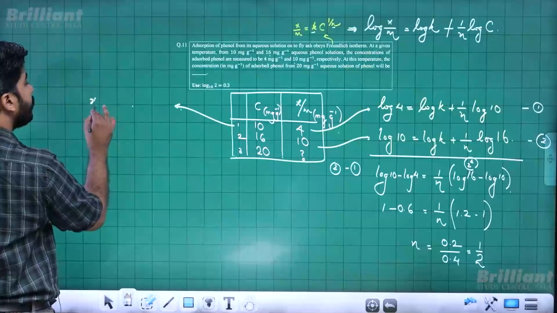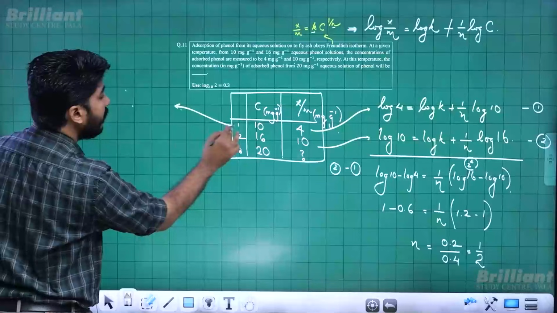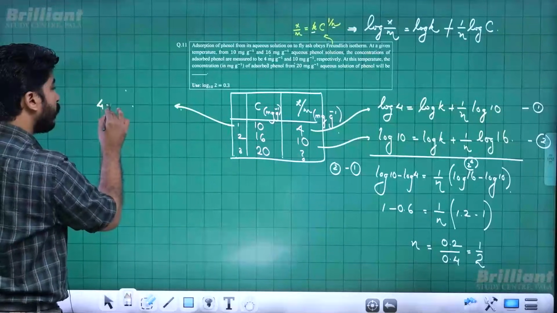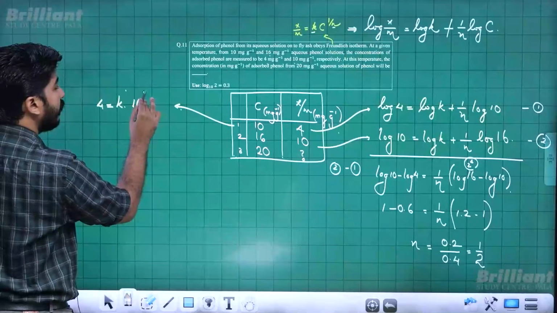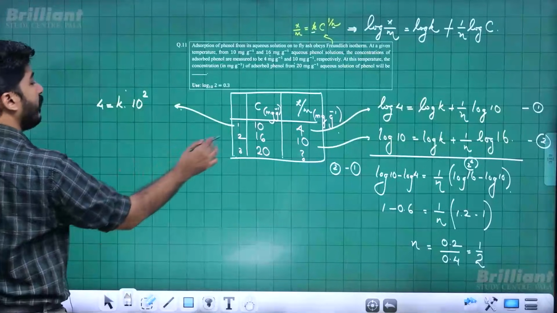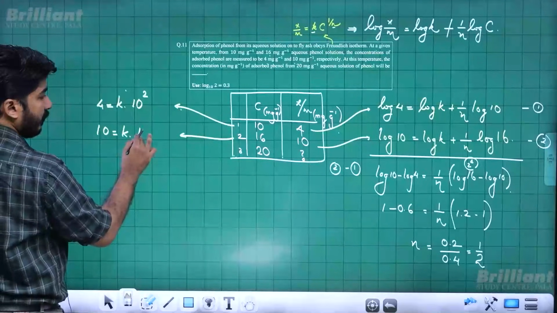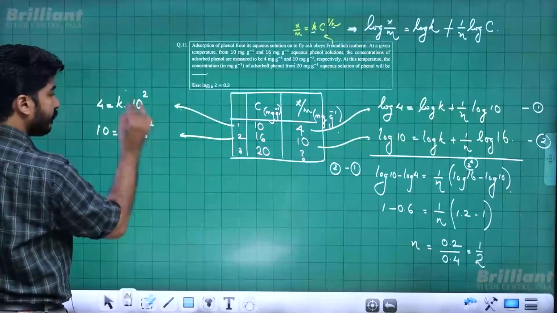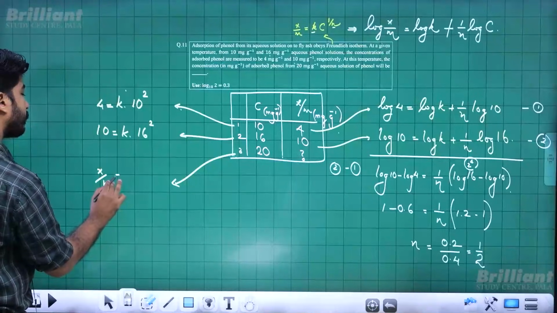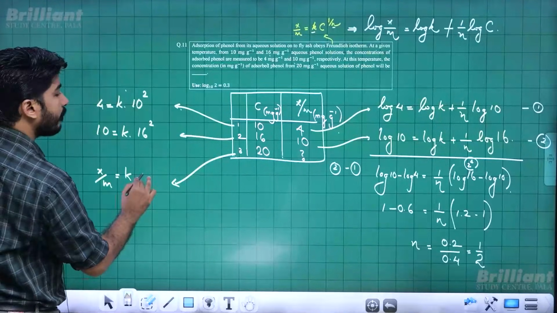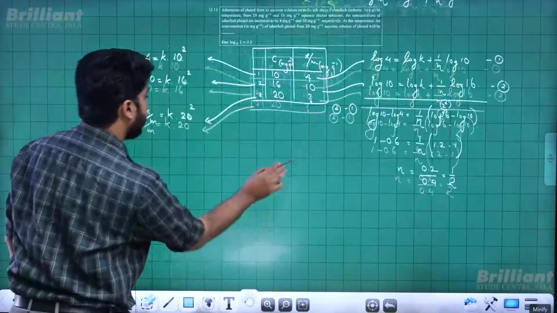So x by m is equal to K c raised to 1 by n. Here x by m is 4, so 4 is equal to K into 10 raised to 2, since 1 by n is 2. In the second row, 10 is equal to K into 16 raised to 2. And in the third row, x by m is equal to the same K into 20 raised to 2. These are the equations obtained.